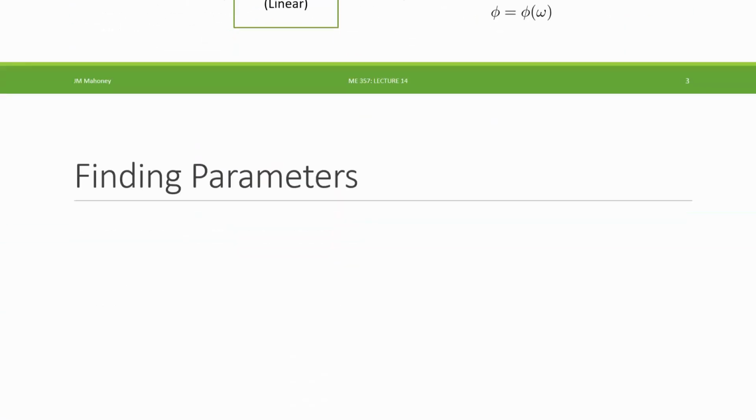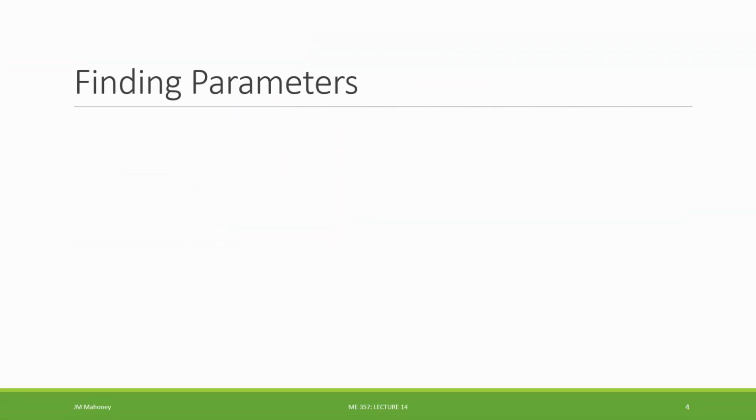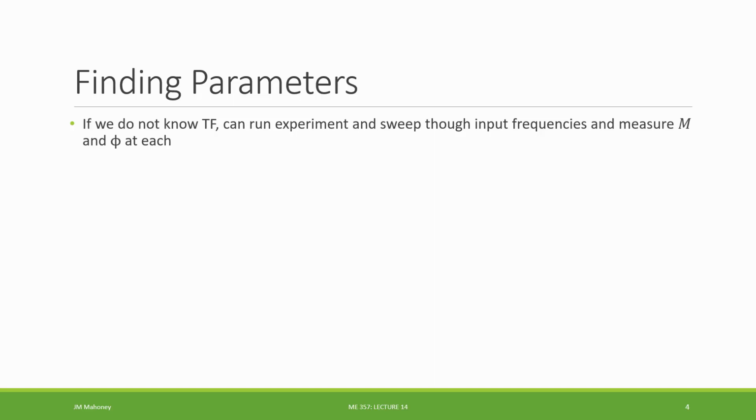But one thing we have to do first is find out what m and phi are. So two branches this can take. The first is if we have a real system and we don't know the transfer function, we haven't modeled it yet, but we know that we can measure input into it and output out of it, then experimentally we could determine the magnitude and the phase, because we could put a known input in at some known frequency and some known amplitude, and then we can measure what the output amplitude is and what the phase lag is, or what that phi value is.